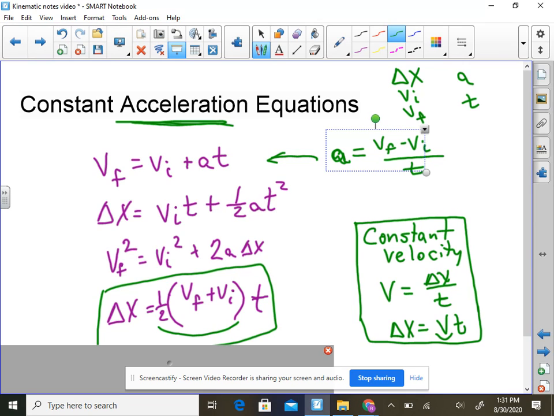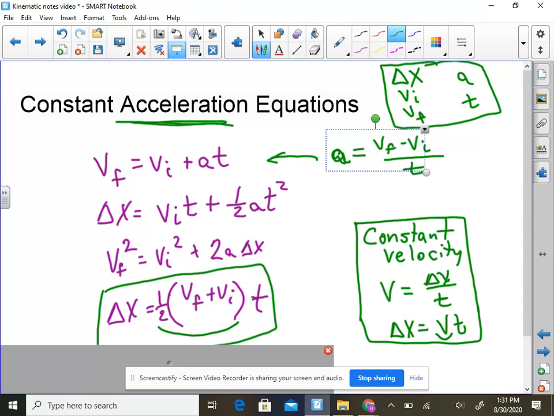This is the 5, 4, 3, 2, 1 method. If you know you have 5 variables, and these are our 5 variables, and you have 4 equations, in each of those equations you have only 3 things that you would know.